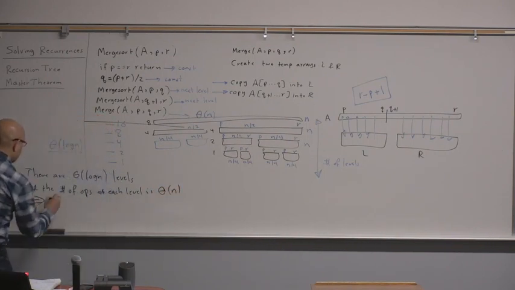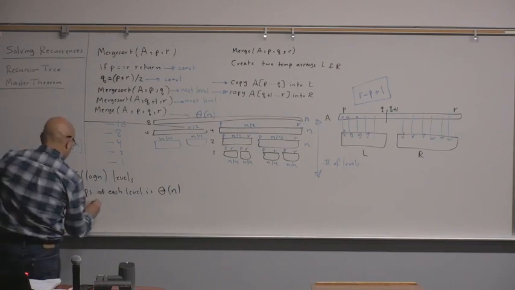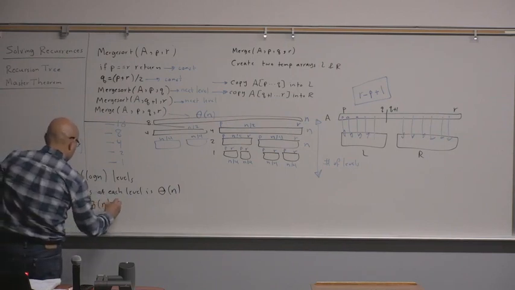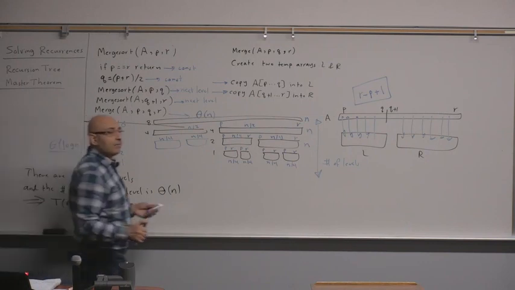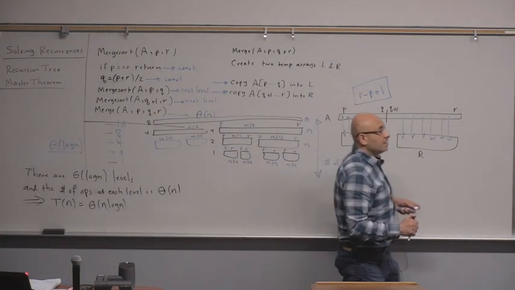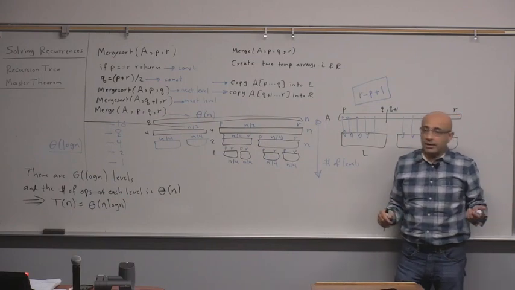Therefore, the total running time T of n equals theta of n log n. Okay, so in fact, this is what we will be doing in analyzing all divide and conquer algorithms.